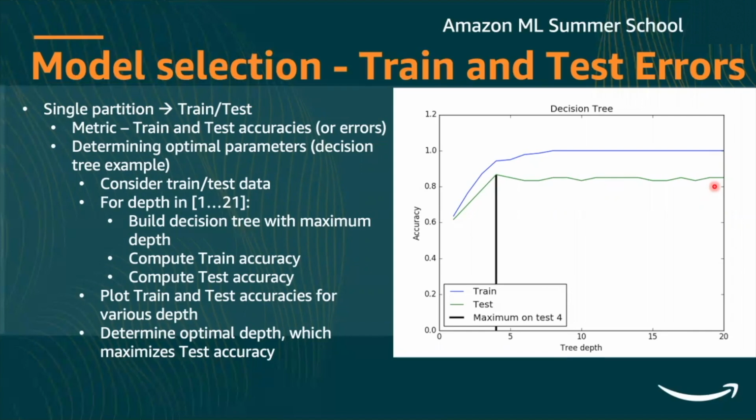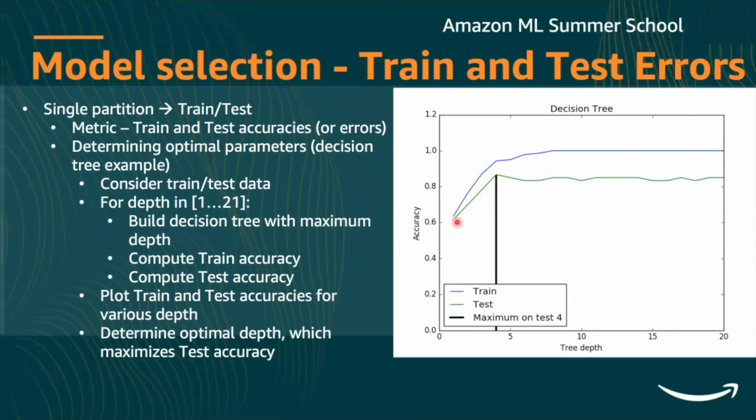So what you do is you consider the train and test set of the data. Let's say, for example, you consider only the depth of the tree. You build the decision tree with depth 1, depth 2, depth 3, depth 4, so on and so forth. You compute the train and test accuracy, so you'll get a plot something like this, for a single test-train partition.